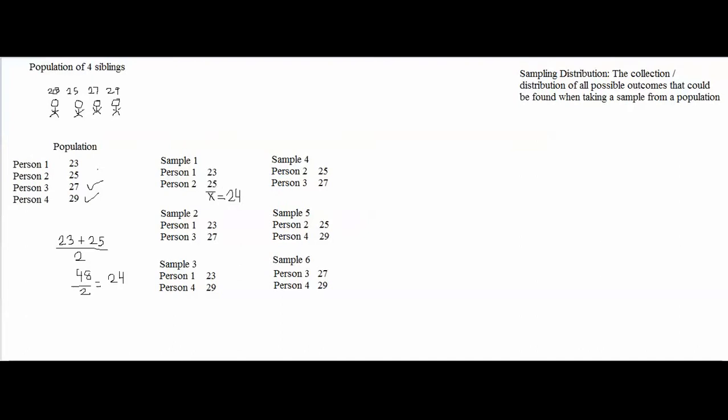Now what if we selected person 1 and person 3 to be our sample, and we recorded their 2 ages? Then the mean of our sample will end up being something else. The mean of our sample would be the mean of 23 and 27 in that case. So let's find out what the mean of sample 2 is. We're just going to find the mean of each of the possible samples.